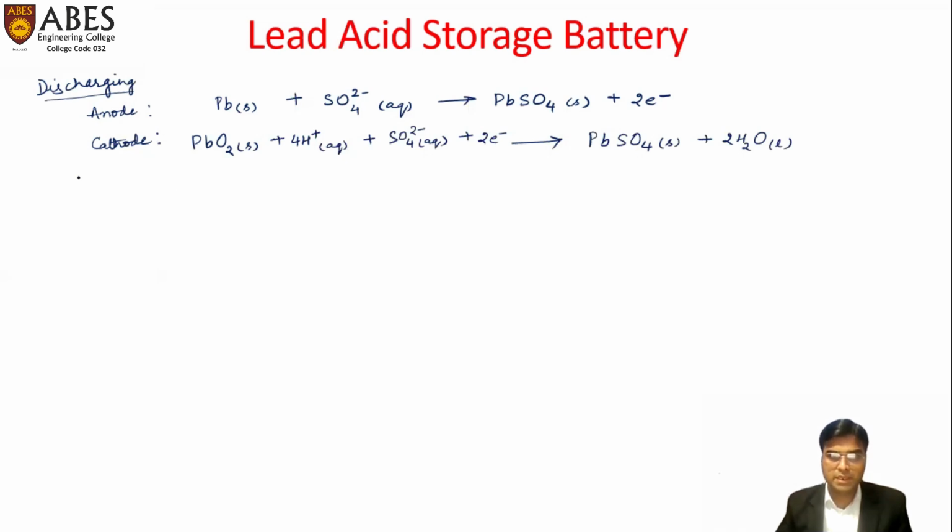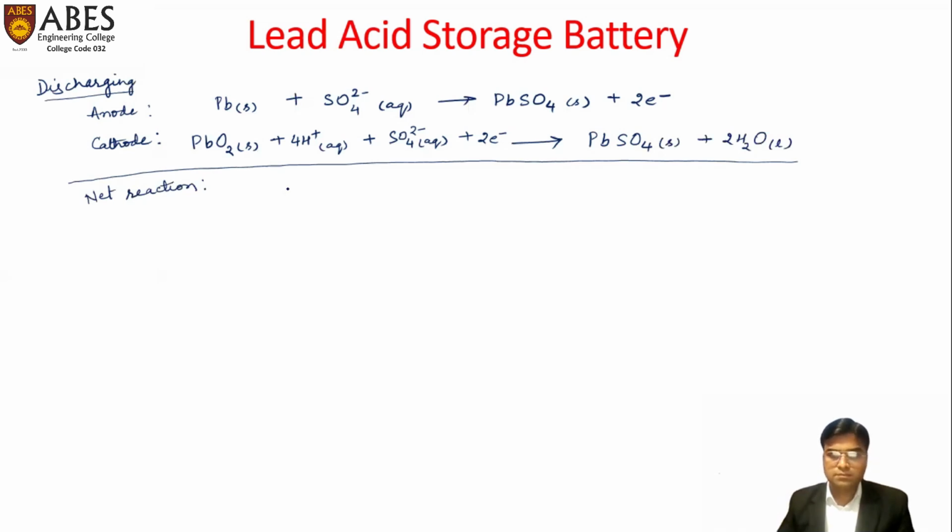So the net reaction can be shown as: these are the two electrons on the reactant side, these are on the product side.